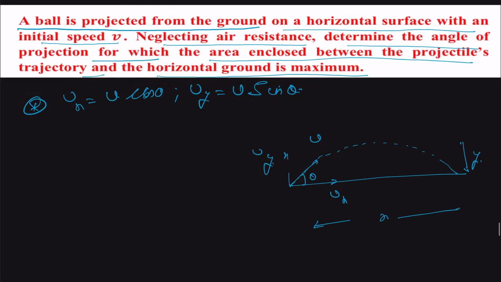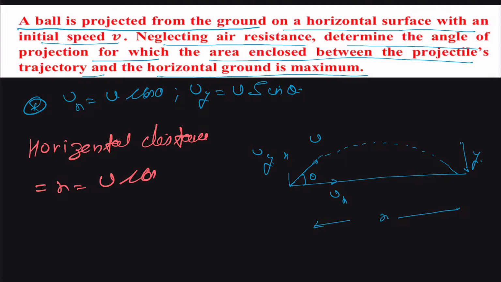Therefore we can say that our horizontal distance x is equal to v cos theta multiplied by time t. Okay, so time t is taken to travel the horizontal distance and the same time will be taken to travel the vertical distance.